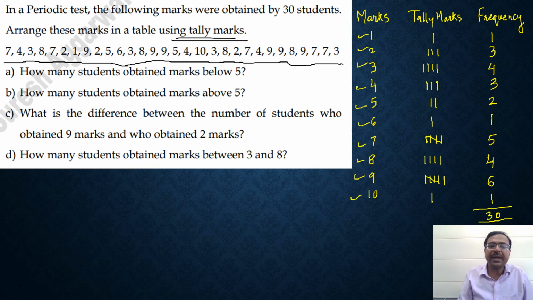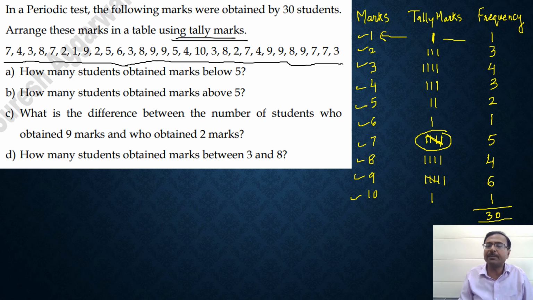And then for every student, I put a 1 there in tally marks, and we keep on marking ones for every student who scored those marks, right? The only thing you need to be careful about is when you have a set of 5 students, then you put a diagonal line like this so that it becomes easier to count the number of lines you have drawn there. So this is a set of 5.